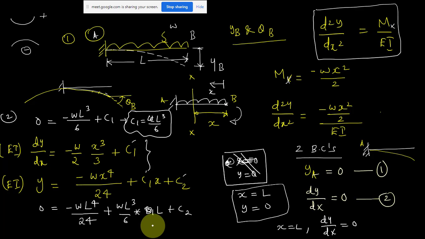If you solve it, you will get the value of C2. Okay, so what is the value of C2 in this case? WL raised to 4 by 24 minus WL raised to 4 by 6.